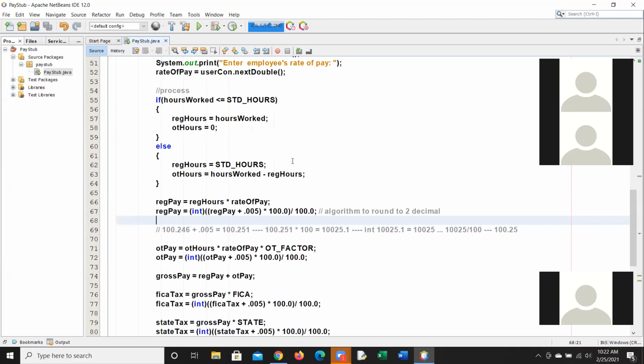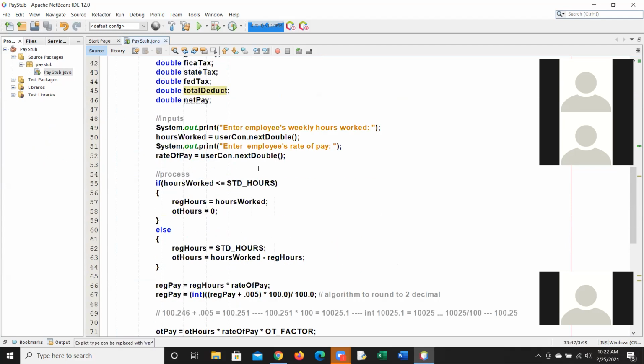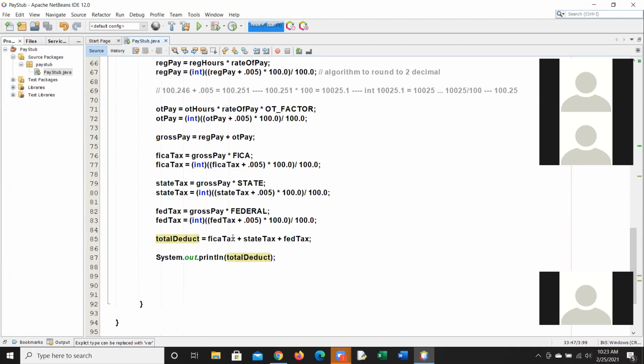Let's go up here. Can you go down to your total deduct line? I was typing so fast that my plus signs were equal signs.